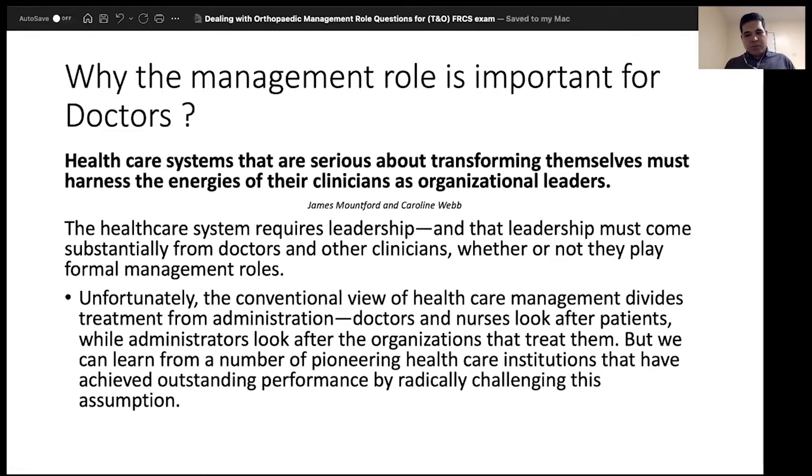Because in any hospital, there is a CEO who deals with the administration work, and there are doctors dealing with the patients, and the two are separate from each other, and unfortunately that is not good, and we'll see why shortly.